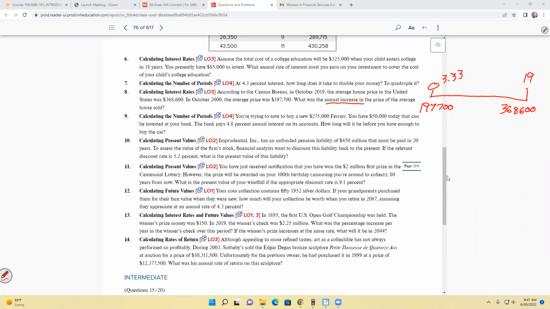If you notice, it says annual increase. We're talking about the appreciation rate of houses. Don't let verbiage throw you off. It could say increase, discount rate, interest rate, rate of return, cost of capital. All of that just refers to interest rate, okay? Depending on our situation, we'll use terms interchangeably.